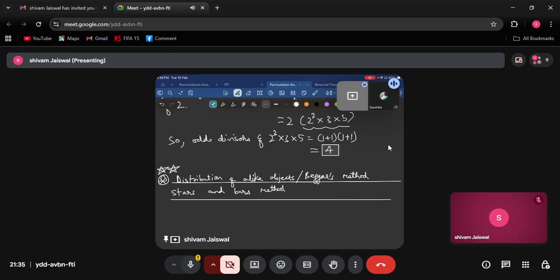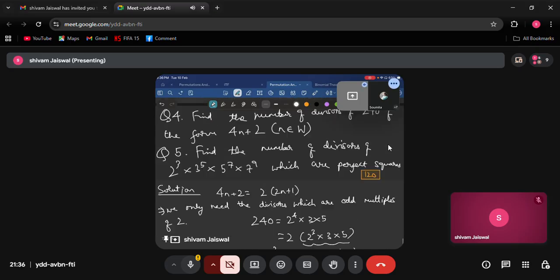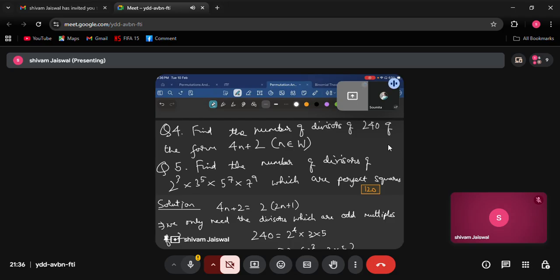So what are those two choices which you wrote? Can you tell me? Yes, sir. Can you please show the question? What are those two choices? It's a perfect square. So for 2 cube, the powers are 0, 1, 2, 3.